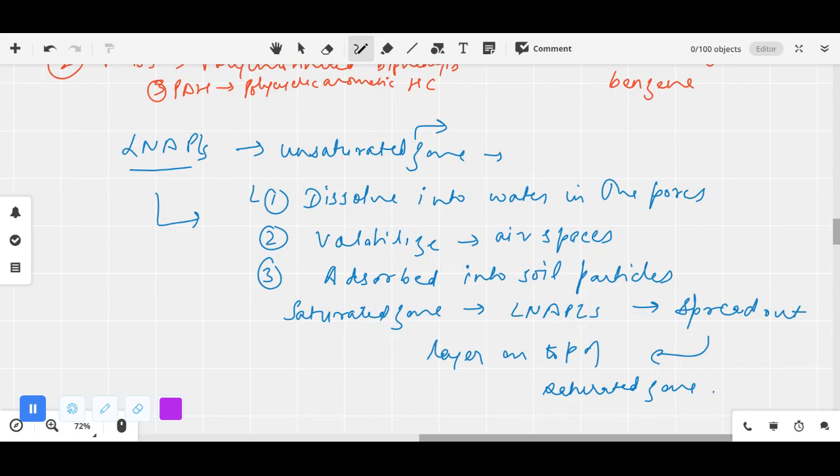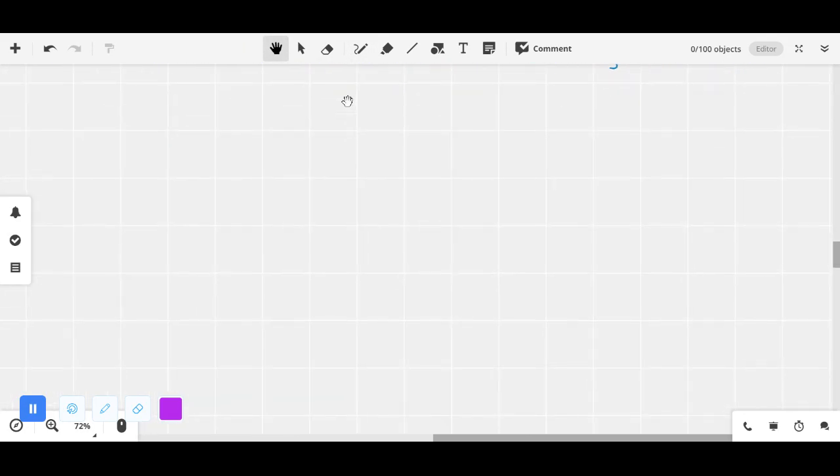Now what happens if DNAPLs, or the contaminants which are denser than water, enter the groundwater? So if a DNAPL enters, it is going to act the same as LNAPL does in the unsaturated zone.